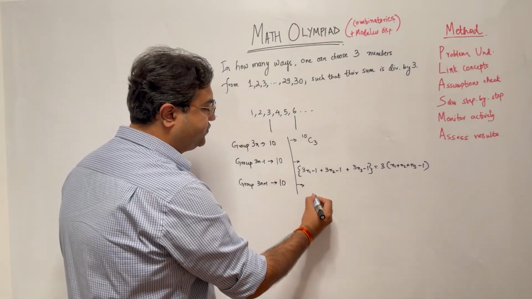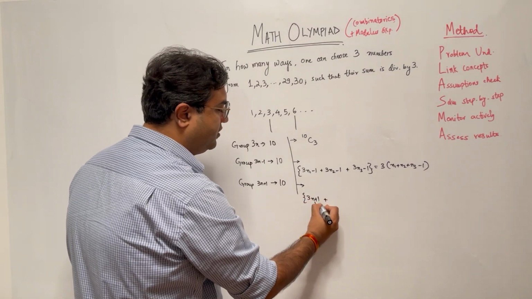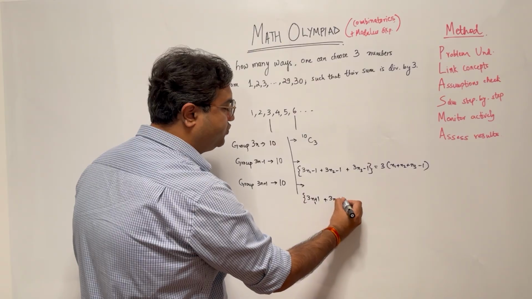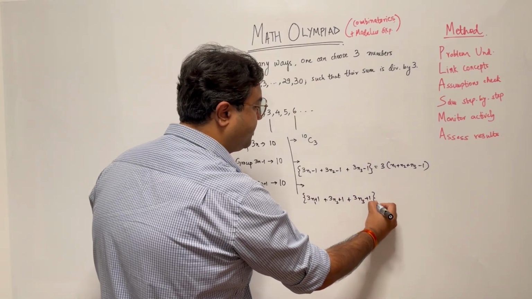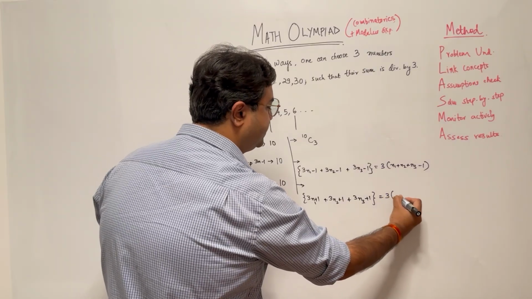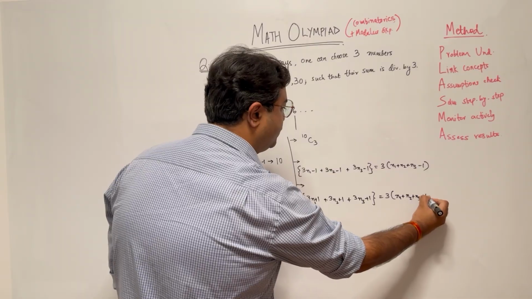Similarly, this one will also look like this: 3n1 plus 1, 3n2 plus 1, 3n3 plus 1. So it will be 3 times n1 plus n2 plus n3 plus 1.